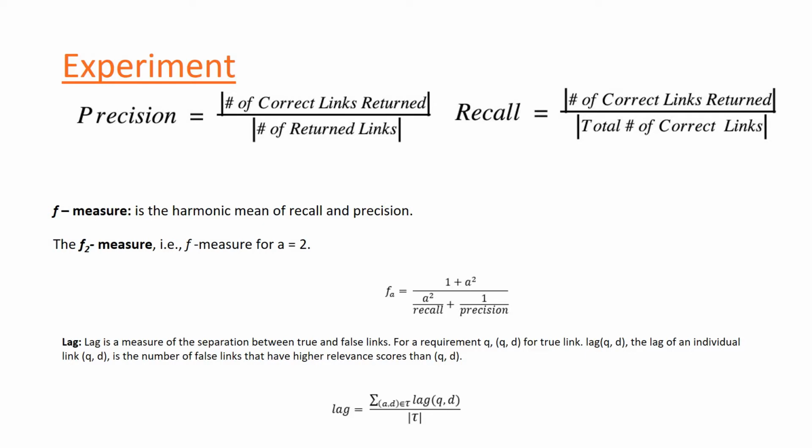When we say F2 measure, it's the F measure when A is equal to 2, which gives more priority to the recall side. On the other hand, lag is the measure of separation between the true and false links, and it was calculated using this formula.